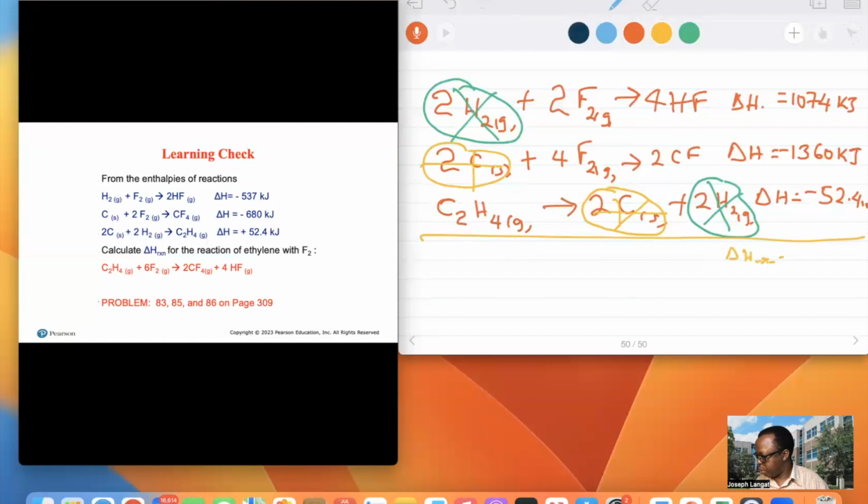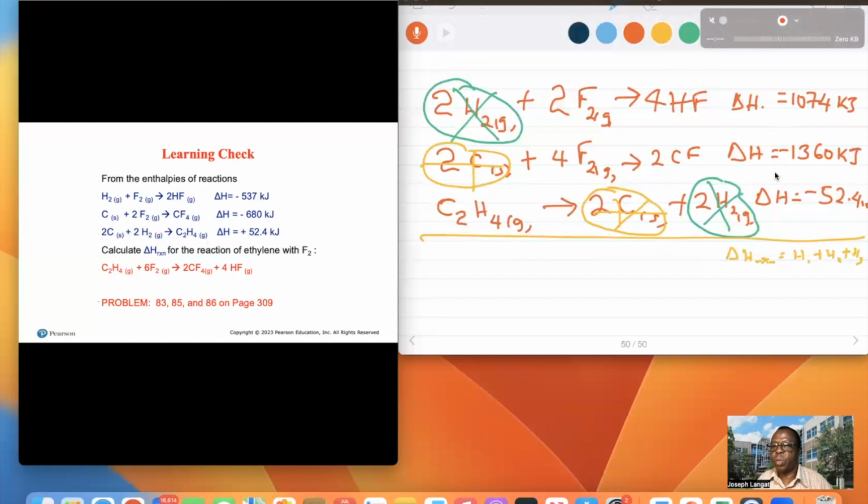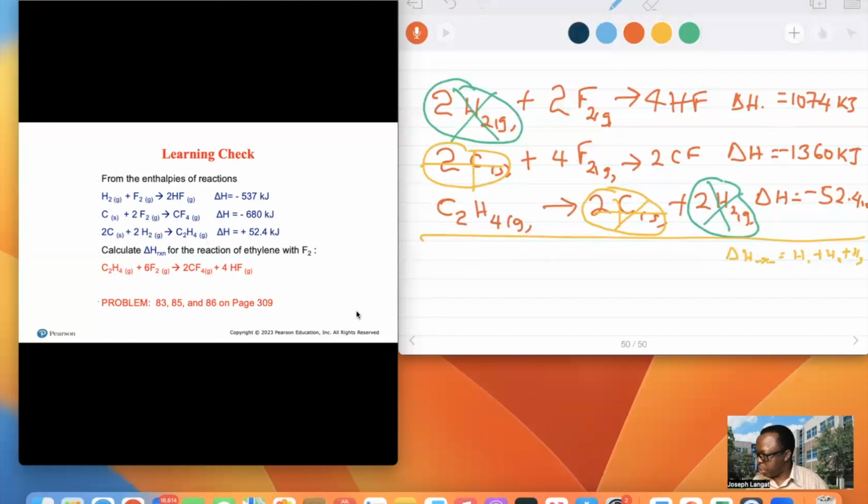The overall reaction is equation 1 plus equation 2 plus equation 3. So we have the overall equation as ethylene reacting with 6 fluorine. You're wondering where the 6 is coming from?